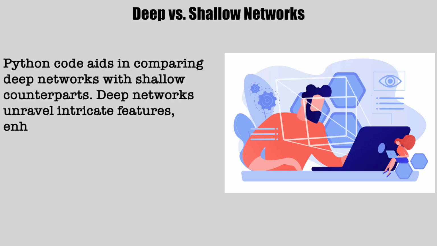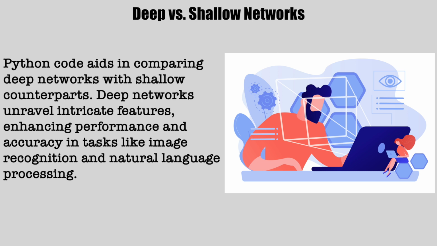The next topic is deep versus shallow networks. Python code aids in comparing deep networks with shallow counterparts. Deep networks unravel intricate features, enhancing performance and accuracy in tasks like image recognition and natural language processing, that is called NLP.